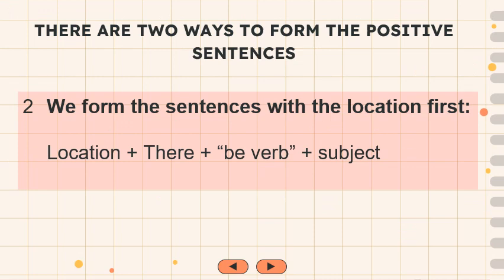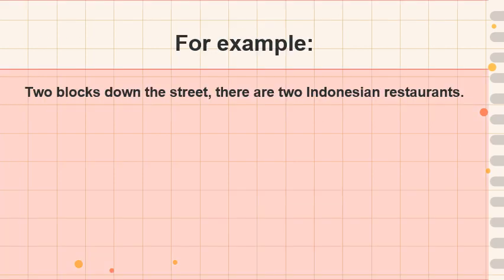Point number 2. We can use the formula with the location first. Location first, and then there plus be verb plus subject. For example, 2 blocks down the street.